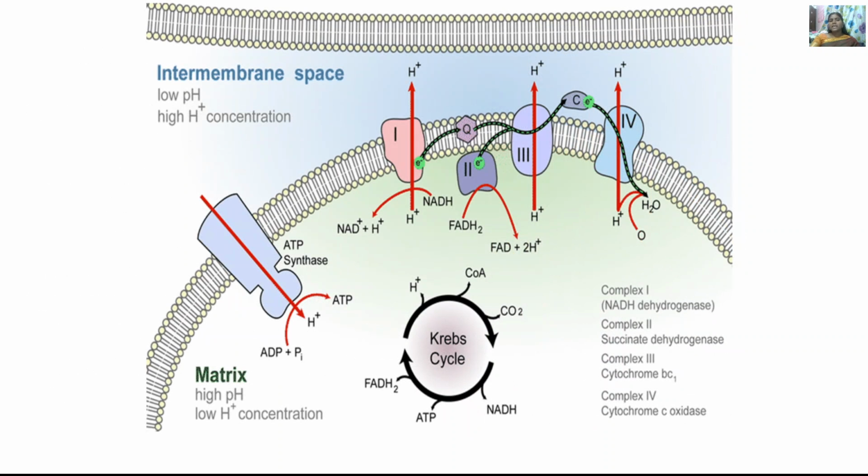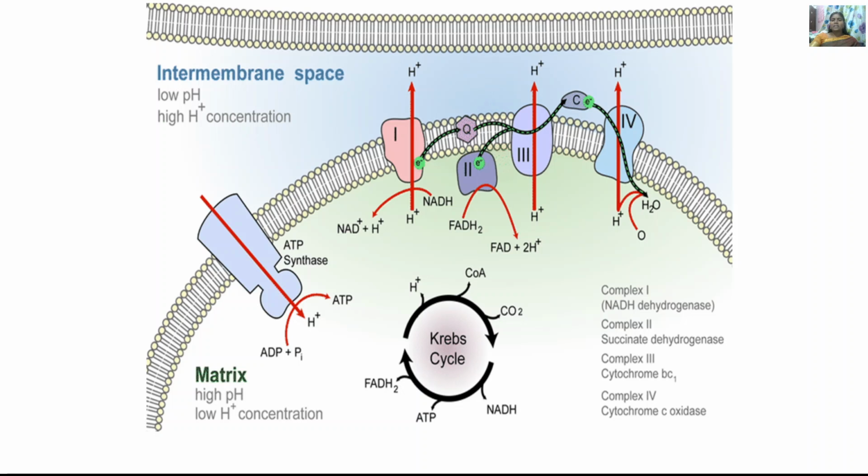See, after the Krebs cycle, the products, that is FADH2 and NADH2, are produced. So this proton pumping takes place across the inner mitochondrial membrane. This is complex 1, NADH reductase, complex 2, succinate dehydrogenase, complex 3, cytochrome BC1, and the last one is cytochrome oxidase, where the proton pumping takes place.